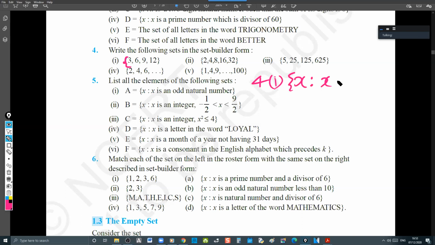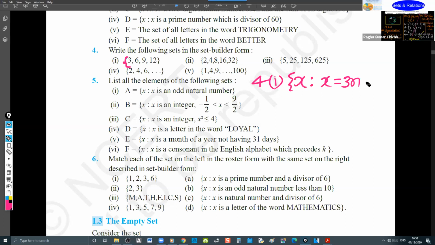Okay, now you can say like this: x is equal to 3n, where n is equal to 1, 2, 3, 4. You can say like this also.